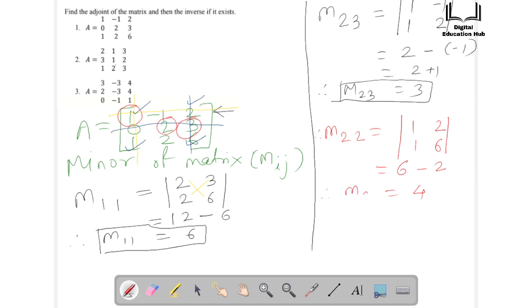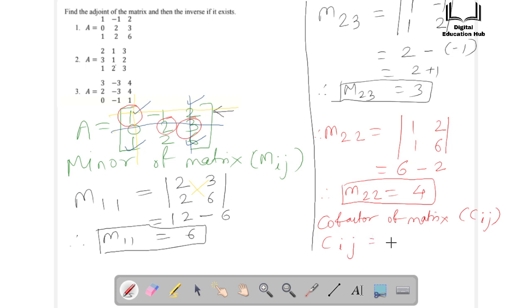So we are going to use this concept, and the next concept is to find the cofactor. To find the cofactor, the idea is to use this minor. The cofactor of a matrix is nothing but, we are going to use the capital letter Cij. What is Cij?